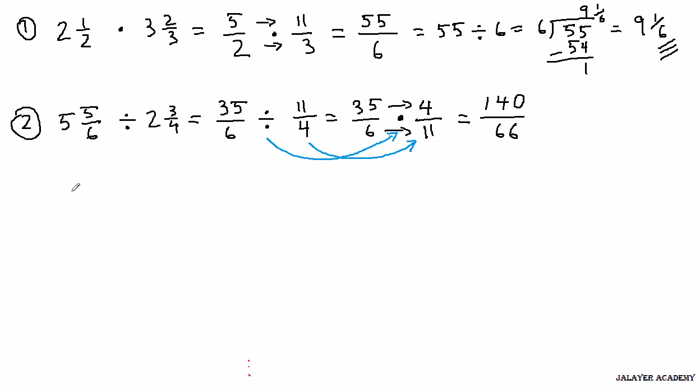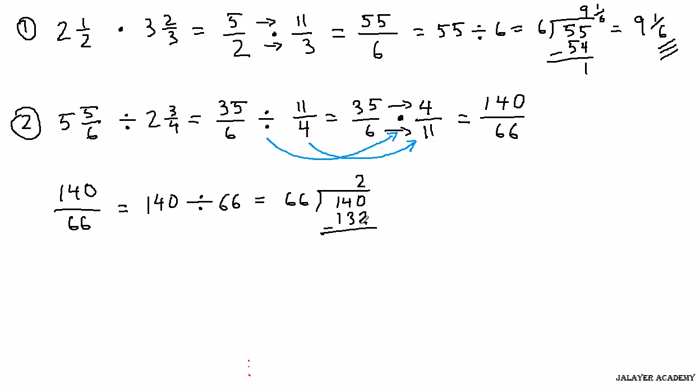And then we know we can write 140/66 as 140 divided by 66. That's with any fraction. We can write this in the classical way of doing division. 140 divided by 66, and 66 goes into 140 twice, that's 132. 140 minus 132 is 8, and so that becomes 8/66.